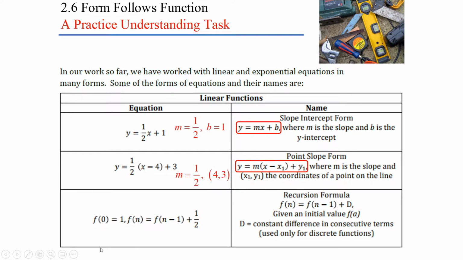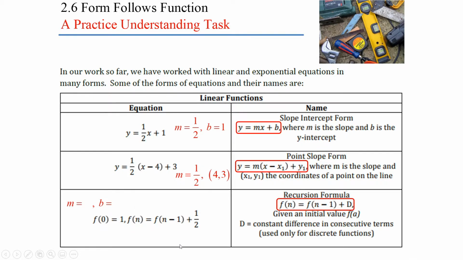And then finally, f of 0 equals 1, and f of n equals f of n minus 1 plus 1/2. Well, that's recursive. That's a recursion formula right there. f of n equals f of n minus 1 plus d. Given an initial value, f of a, d is the constant difference in consecutive terms, used only for discrete functions. So when I have a discrete function, I'm going to use recursive.